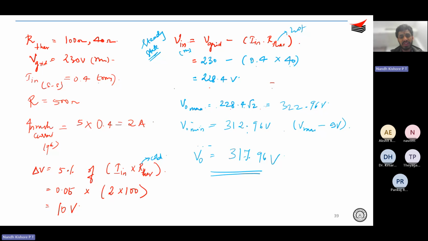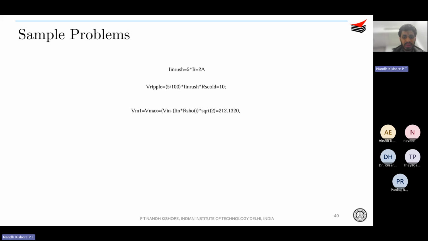So 0.4 into 40 is just 228.4, and V naught max will be root 2 of that, and V naught min will be minus delta V. So I think there is a calculation mistake; they have not considered the correct value of R IN.